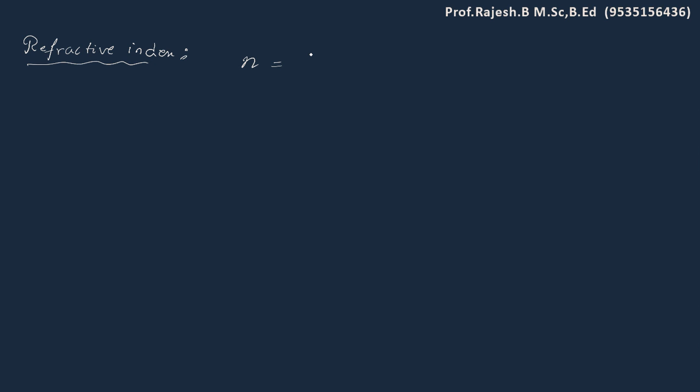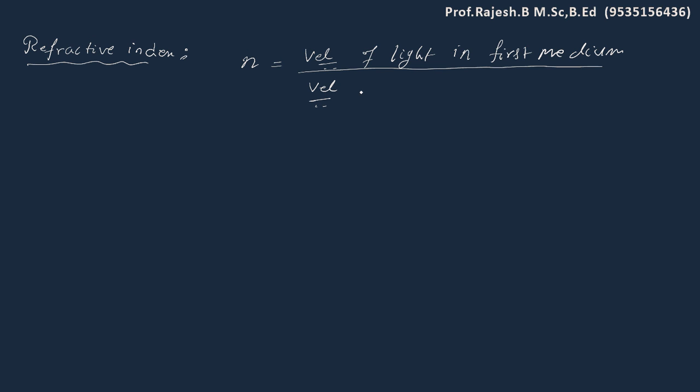Actually the meaning is velocity of light in first medium to the velocity of light in second medium. The ratio of velocities we can call refractive index.